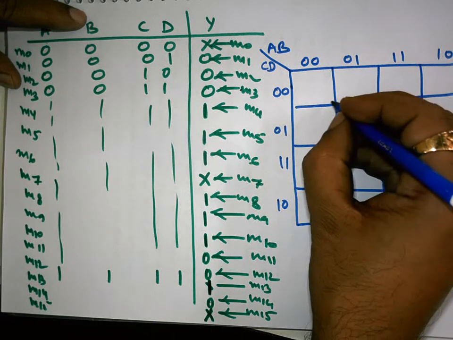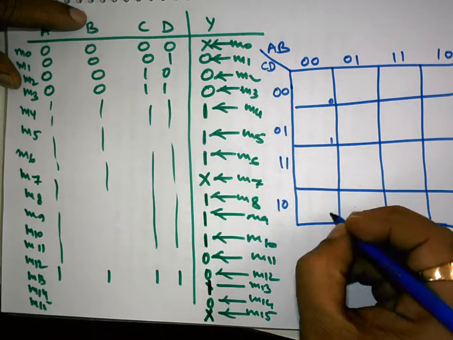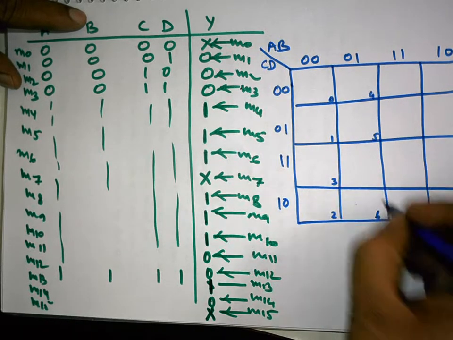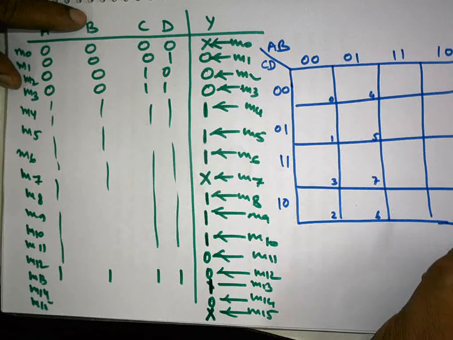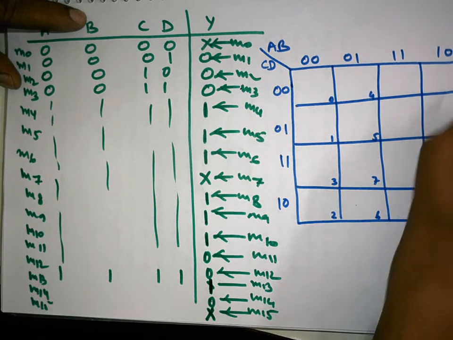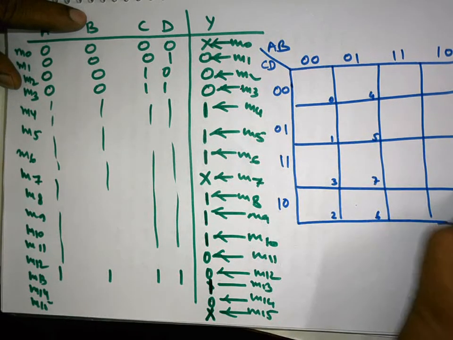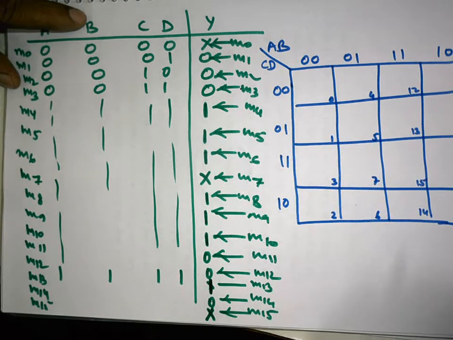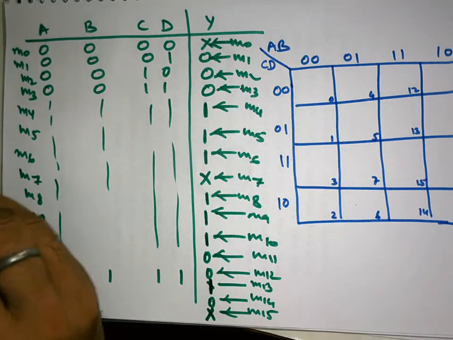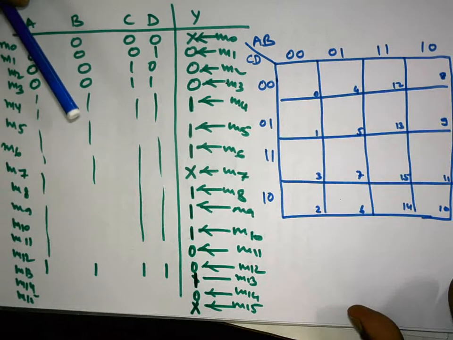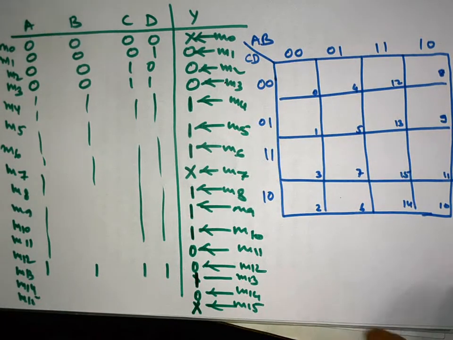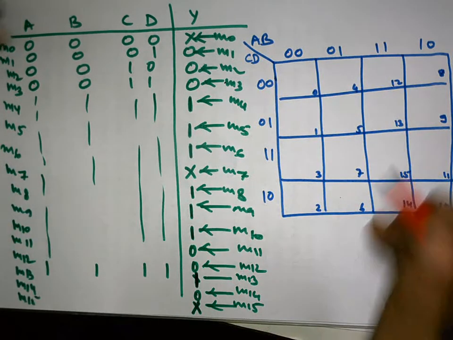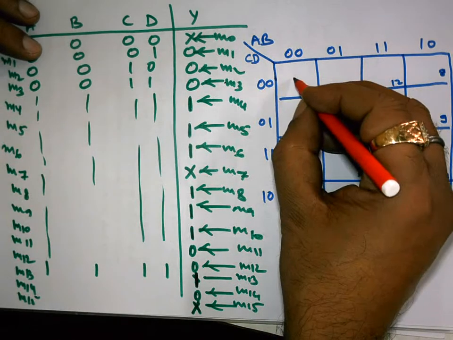Naturally this will be 0 1 2 3, 4 5 6 7, 8 9 10 11, 12 13 14 15. These are the cell positions. Now where there is a one in this cell, M0 is don't care.